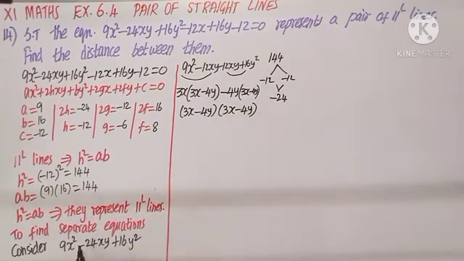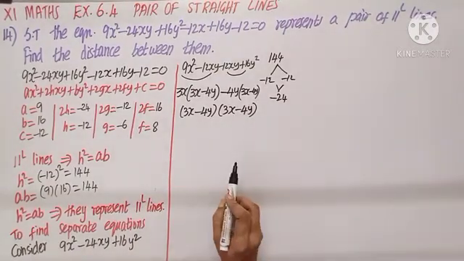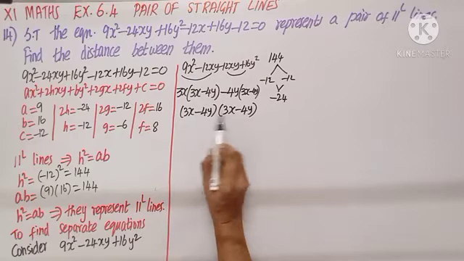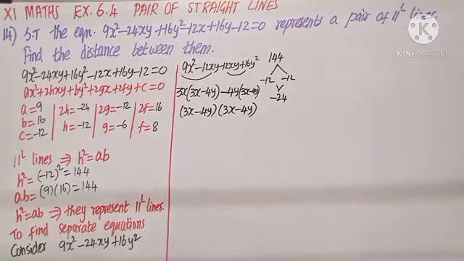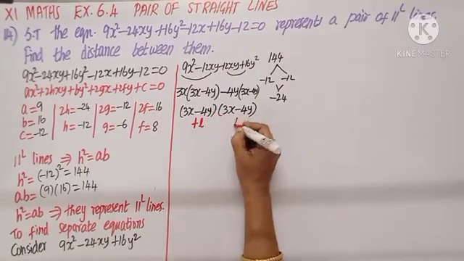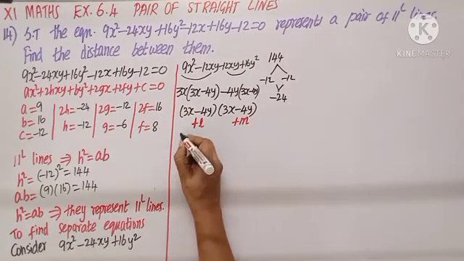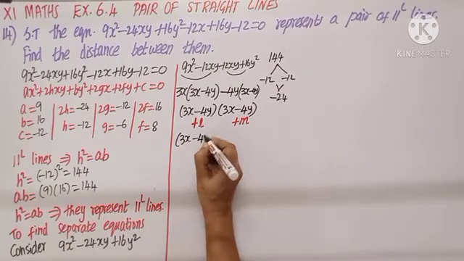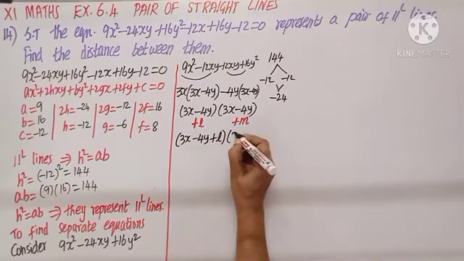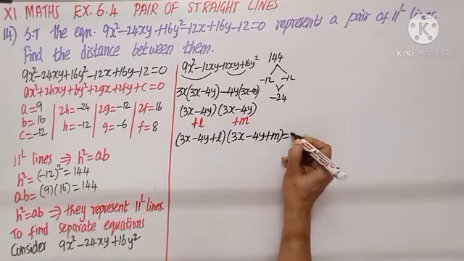If the middle term is plus, I will put plus. Because they are parallel, I will have the same factor again and again. To get the constants, introduce L to the first factor and M to the second factor. So I have 3x minus 4y plus L into 3x minus 4y plus M equal to 0.